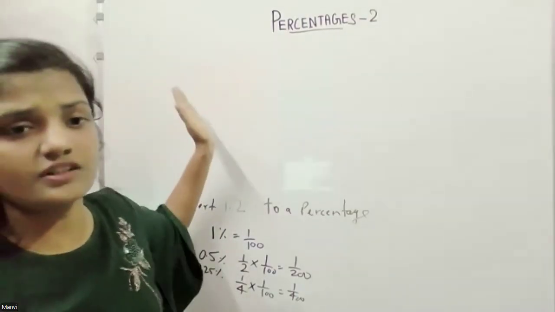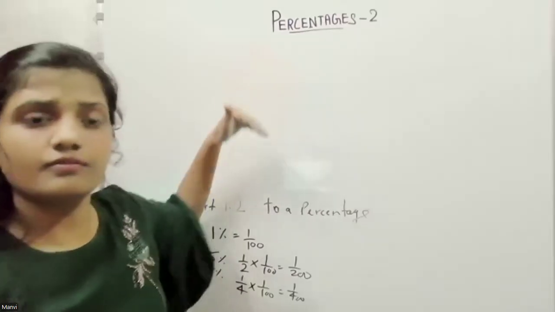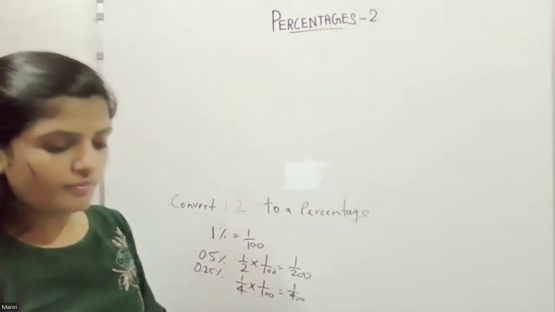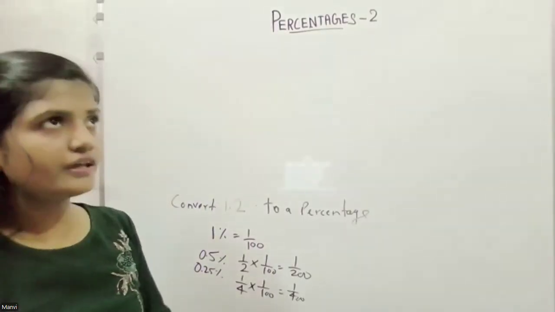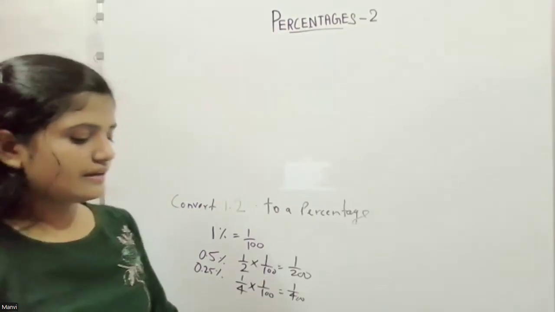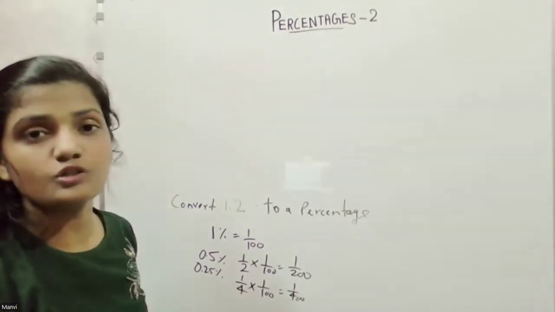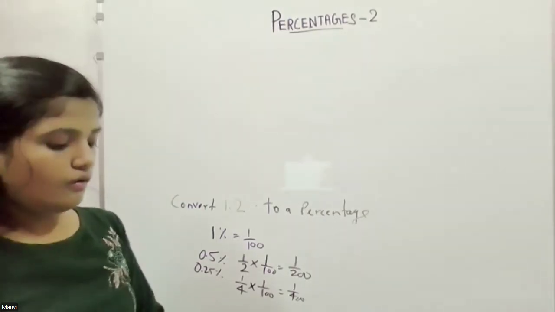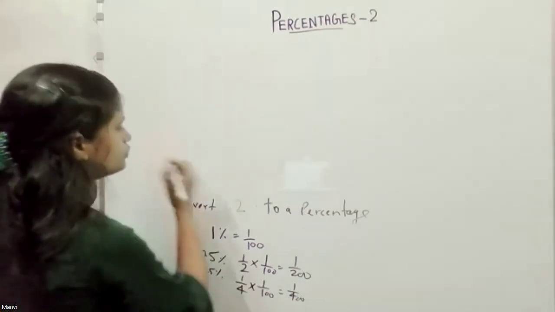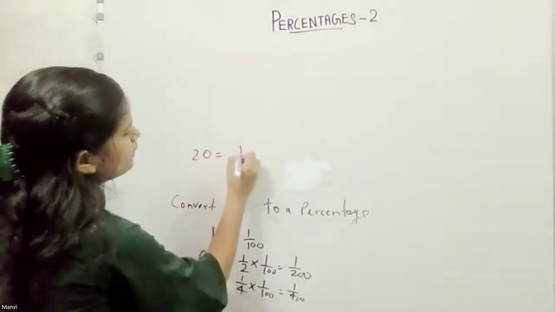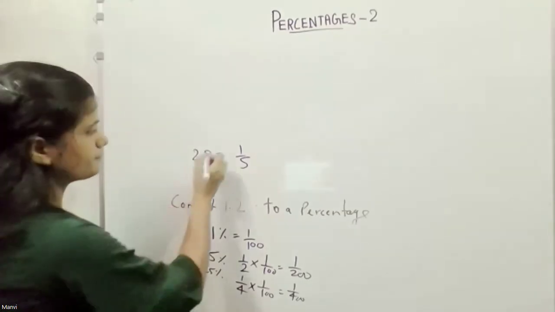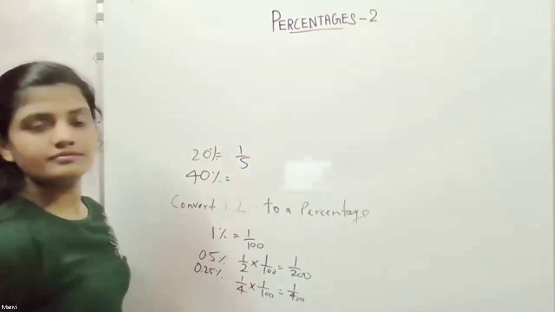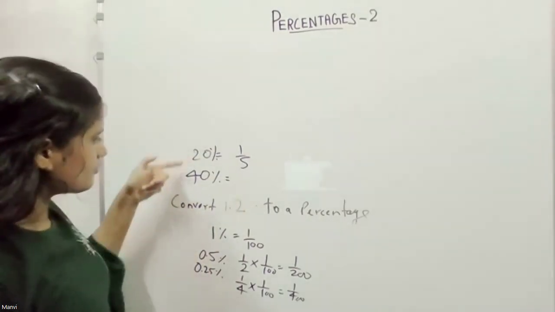Anything which needs to be converted from percentage means dividing by 100, right? And there are various useful fractions as well, like 20%. 20% means 20/100, which is 1/5. If 20% is 1/5, then what is 40%?